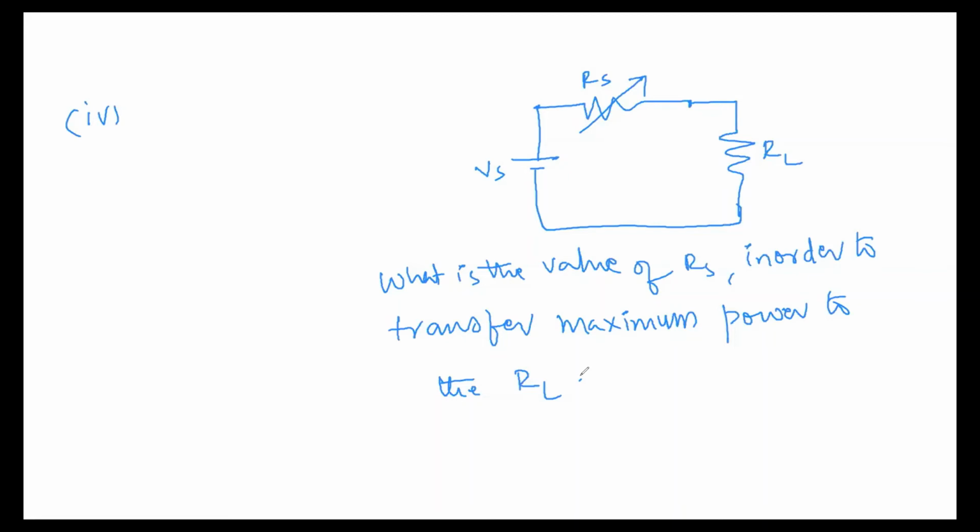Just guess. I will give you options. A: RS is equal to RL. B: RS is equal to infinity. C: RS is equal to 0. D: RS is equal to 2RL.